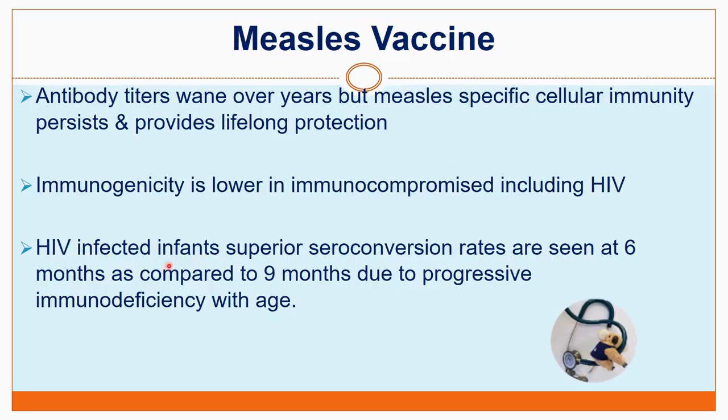HIV infected infants have a superior seroconversion rate at 6 months as compared to 9 months, because in them the immune system progressively deteriorates as the age increases. So at an earlier age, the seroconversion is much better for HIV children.